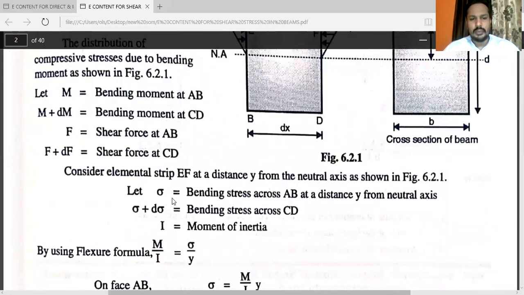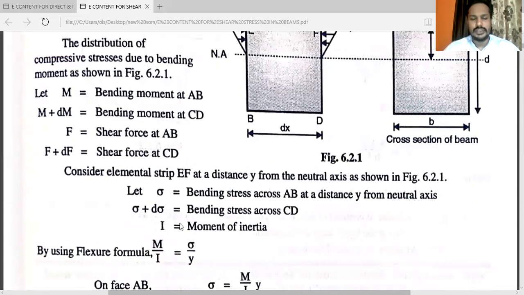So we know that sigma is the bending stress across AB at a distance y from the neutral axis. Sigma plus delta sigma is the bending stress across CD. I is the moment of inertia.